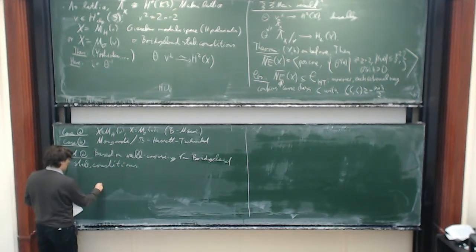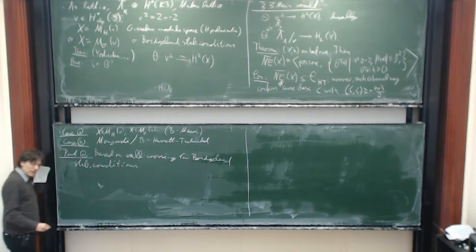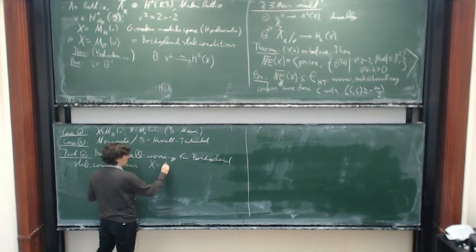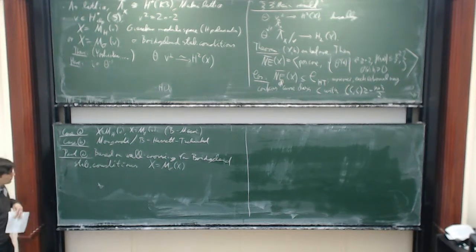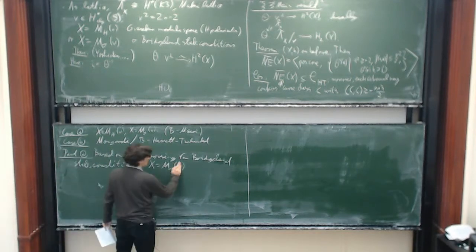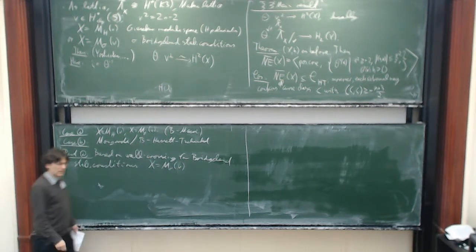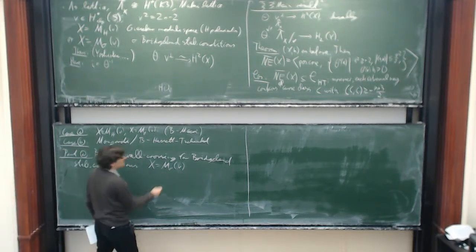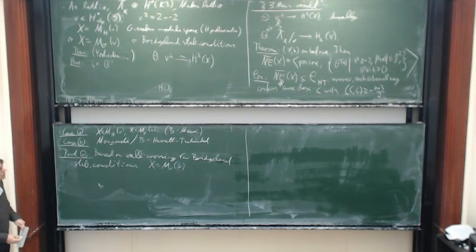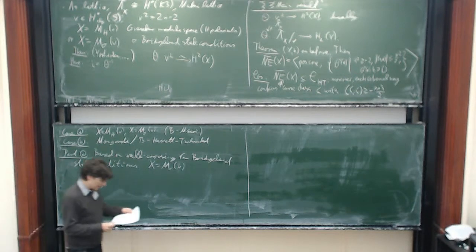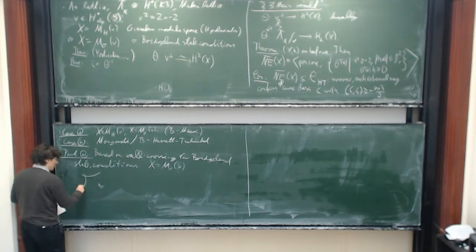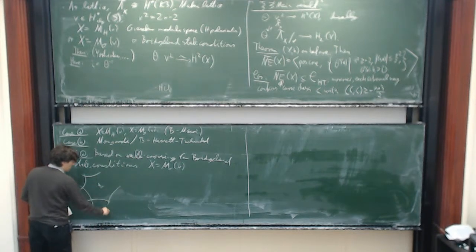There's this manifold of stability conditions. Here let me talk about the case X equals M sigma of V. In particular, this includes the other case of a Gieseker moduli space, because I can always arrange my stability conditions so that the stable objects are exactly Gieseker stable sheaves. And in this manifold, there is a chamber decomposition.